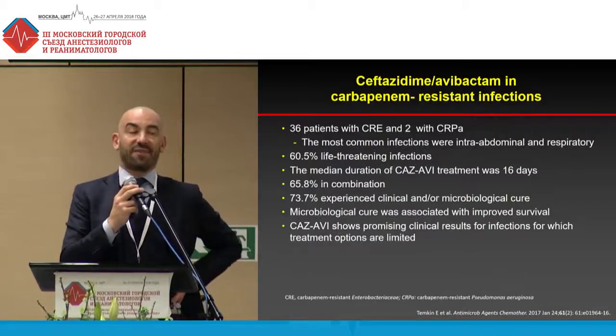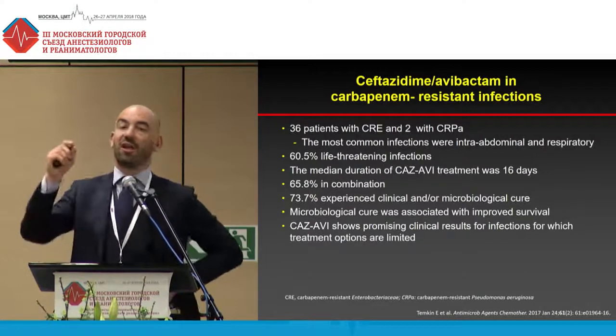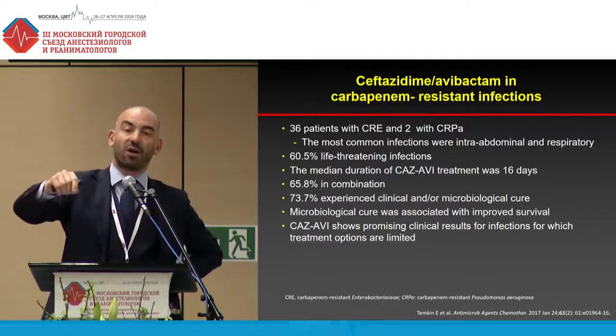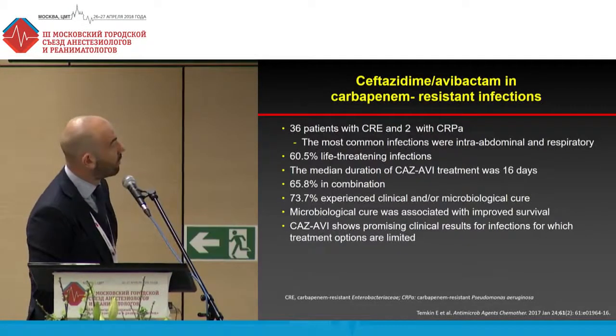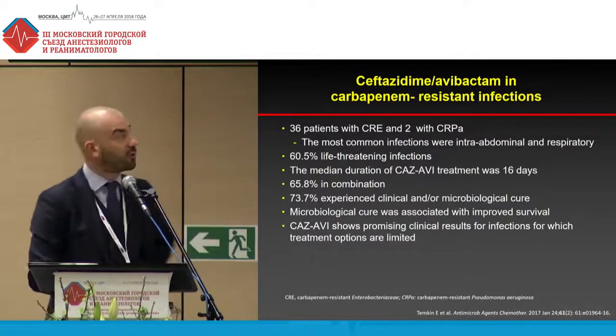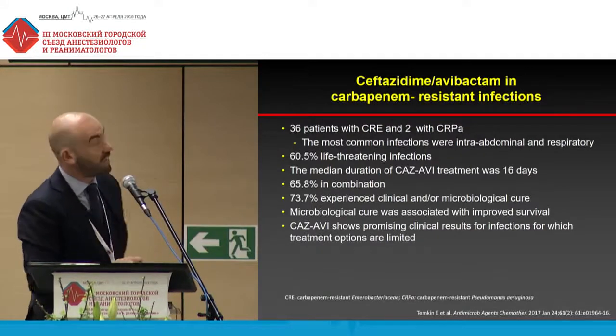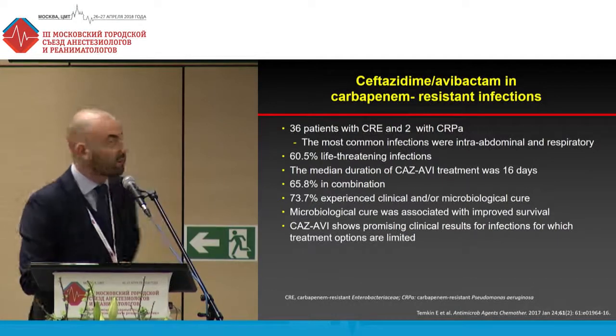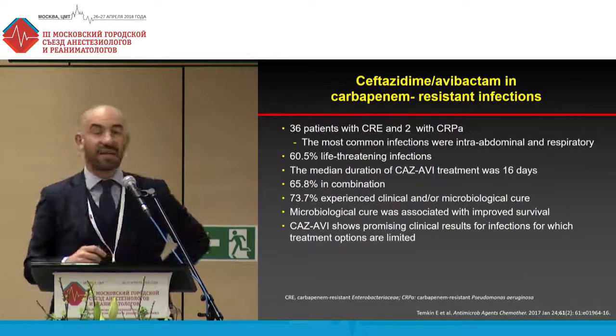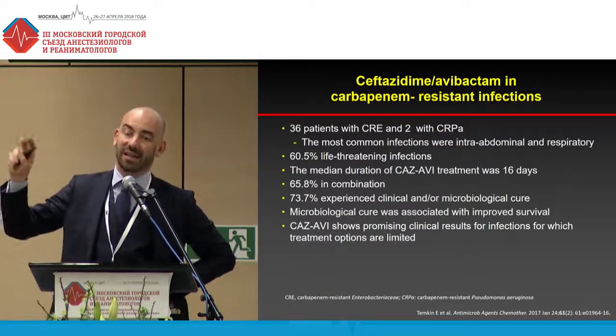What we know about ceftazidime-avibactam, not in the field of pneumonia, but in the field of carbapenem-resistant Enterobacteriaceae. This is the European compassionate use, and you can see that they treated 36 patients with carbapenem-resistant Enterobacteriaceae and 2 with Pseudomonas. 60% of the infections were life-threatening.